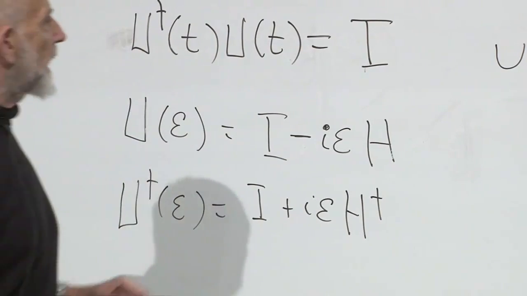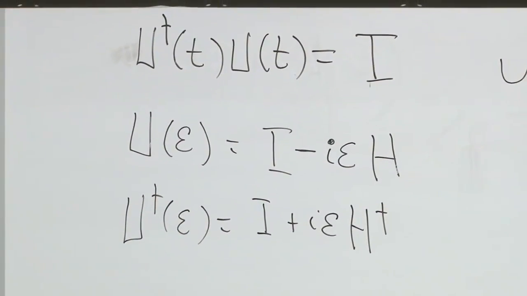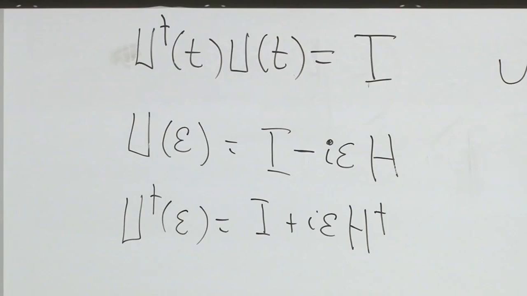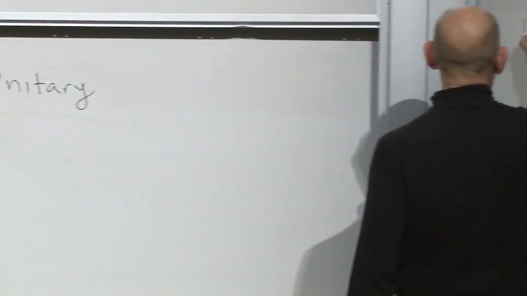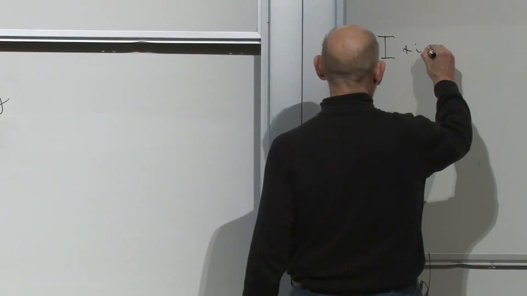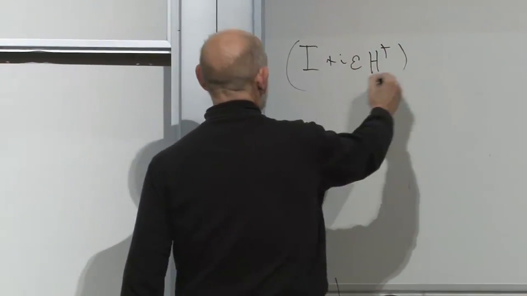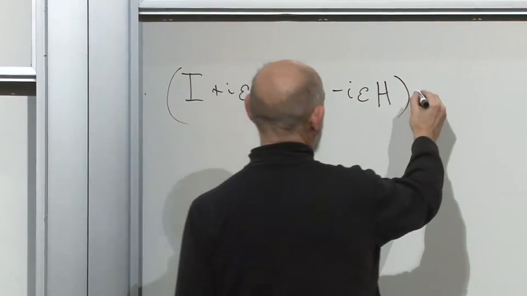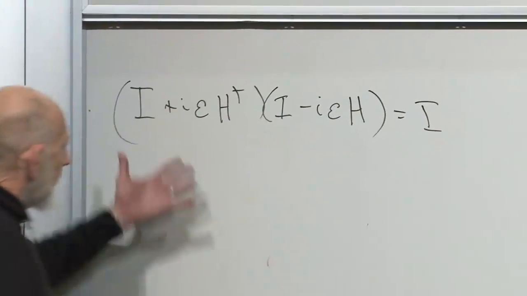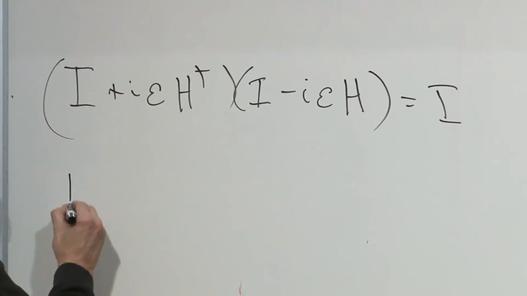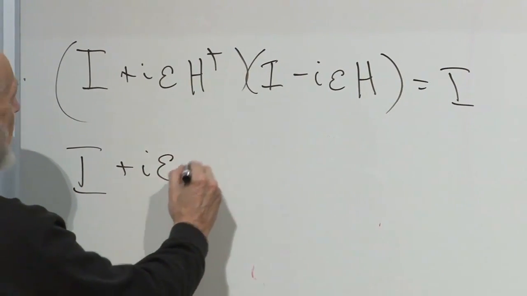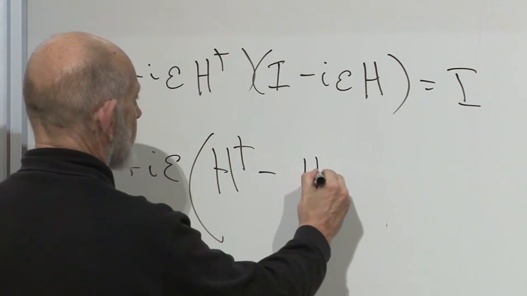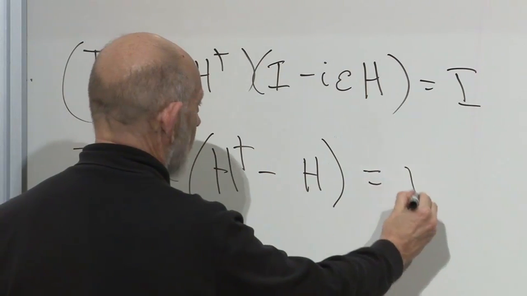And now let's multiply them together and set the result equal to 1 to order epsilon. Okay, so what do we have? We have U dagger, which is 1 plus i epsilon H dagger, times 1 minus i epsilon H. That has to equal 1. And now just expand it out to order epsilon: 1 plus i epsilon times (H dagger minus H) equals 1.